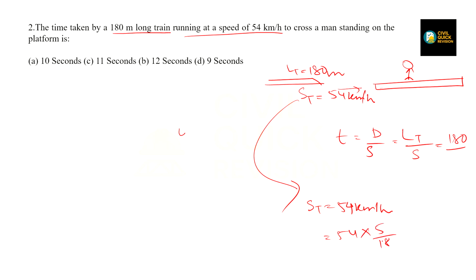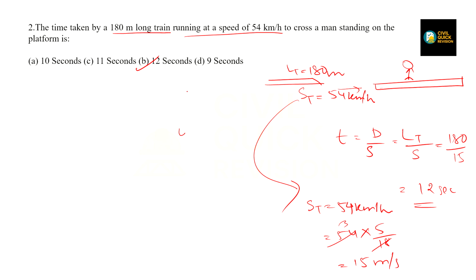So how much do we get? 15 meter per second. You just put it here: 180 divided by 15 is 12 seconds. Here, option B will be the correct answer.